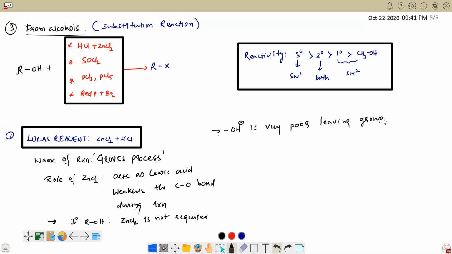Are you getting my point? So we are making the carbon oxygen bond weak, followed by cleavage of the bond.